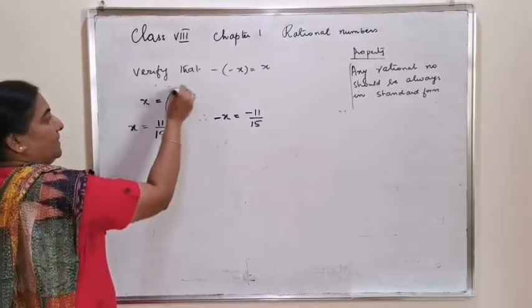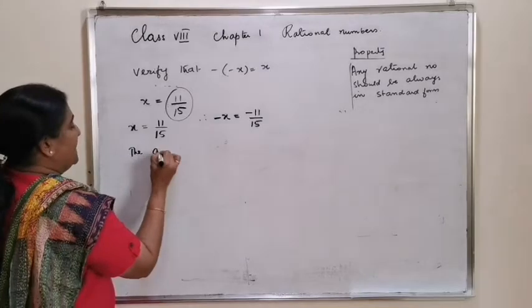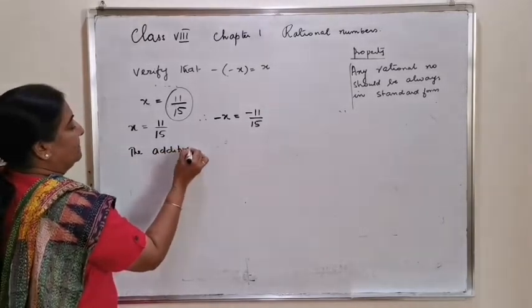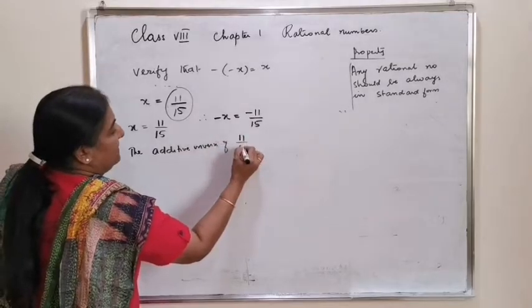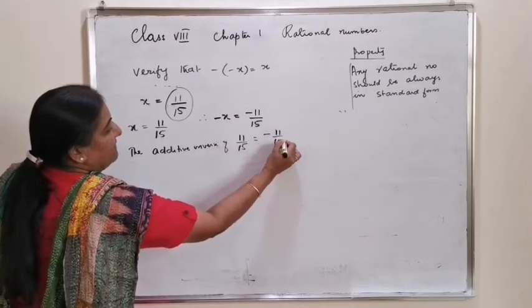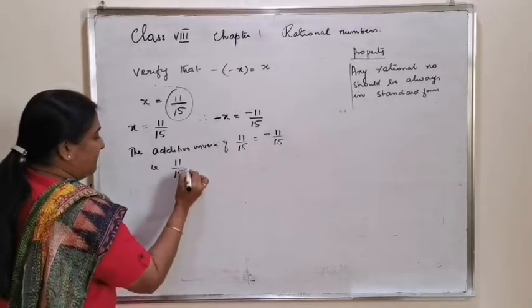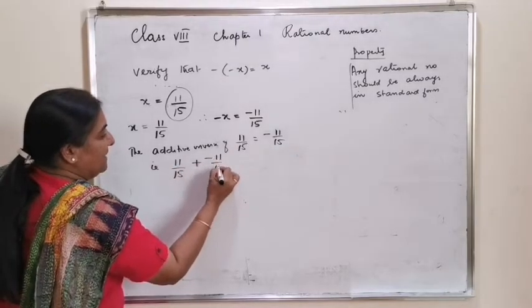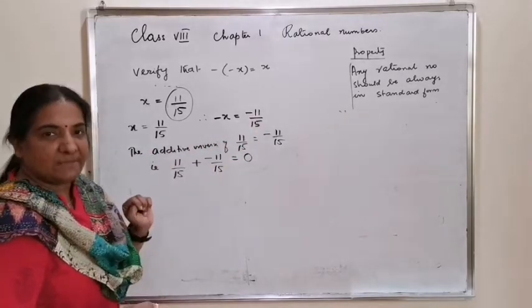You can start with the concept of additive inverse. The additive inverse of positive 11 by 15 is minus 11 by 15. That is, 11 by 15 plus minus 11 by 15 is equal to 0. That is the meaning of this sentence.